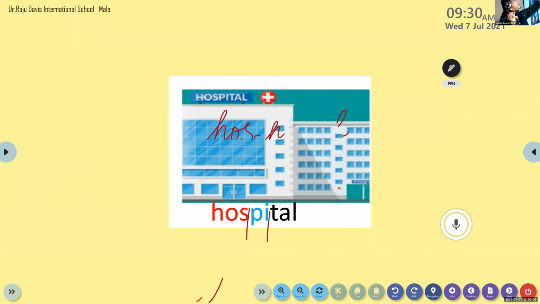How do you write it? H-O-S, hos. P-I, pi. T-A-L, tal. But as we sound the L, we pronounce it as hospital. You wanted to know the spelling of the word hospital?